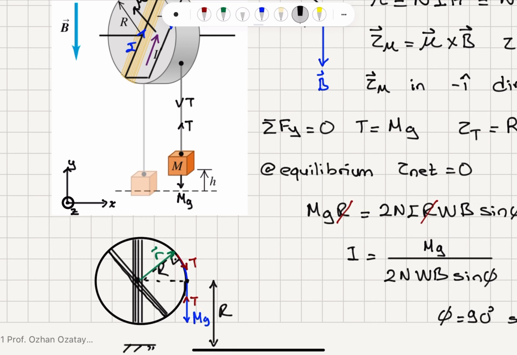Okay, so basically we are moving from this position towards this position, so that phi is equal to 90 degrees, and so that this mass will come down and it will be h is equal to r.